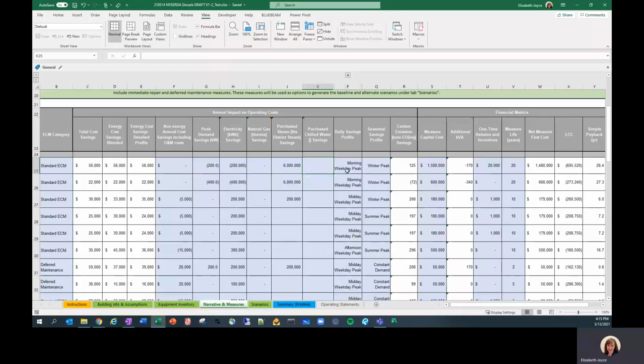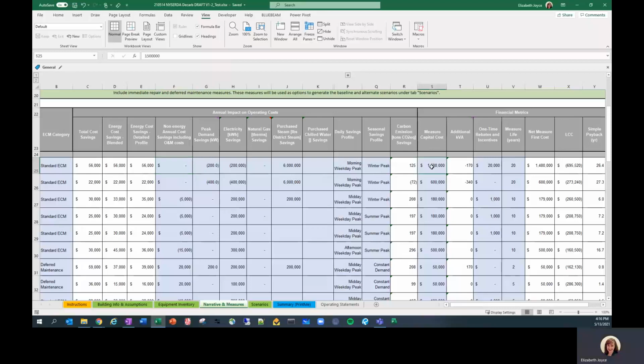You'll need to pick from a drop-down menu the savings profile, both on a daily basis, i.e. is it something that saves energy in the morning or in the afternoon? And then a seasonal savings profile. Is it something that saves energy in the summer, in the winter, or constant throughout the year? You can also enter any non-energy related annual cost savings or deltas, such as O&M costs associated with a measure.